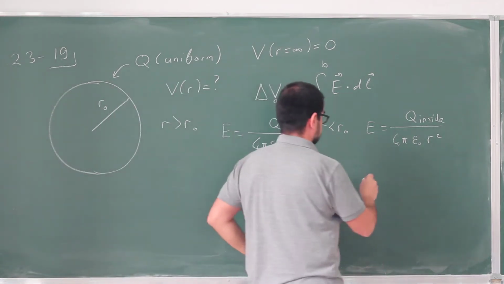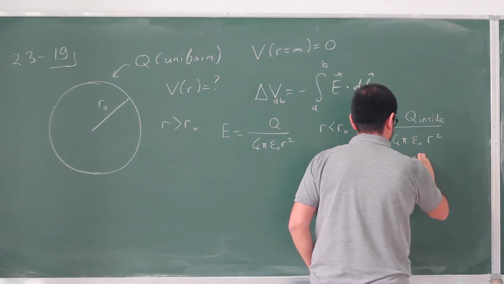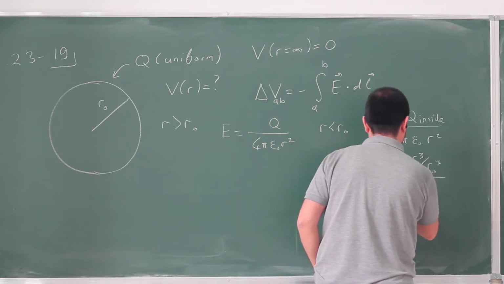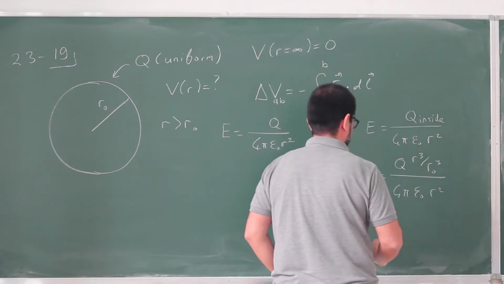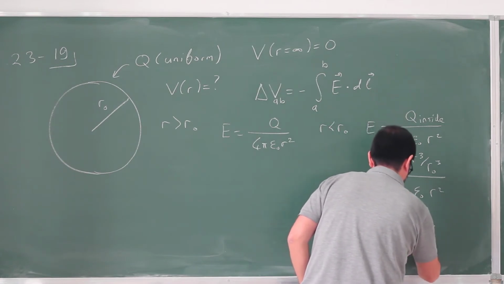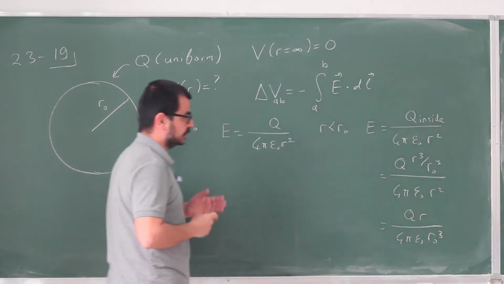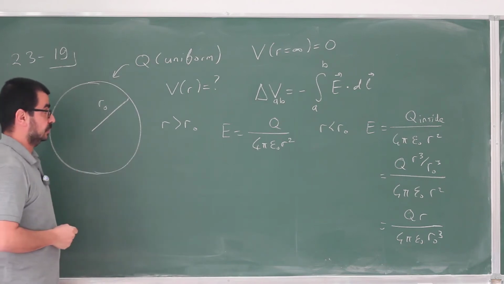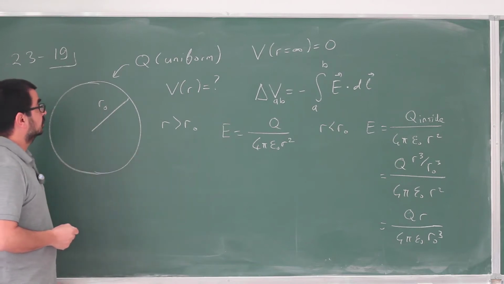So in this case, this is just going to be q times r cubed divided by r0 cubed, over 4 pi epsilon naught r squared, and that simplifies to q times r divided by 4 pi epsilon naught r0 cubed. And again, this is a result that we can easily prove by Gauss's law. In fact, we did prove this by Gauss's law. So I'm going to take these as given, and I'm not going to derive these separately.